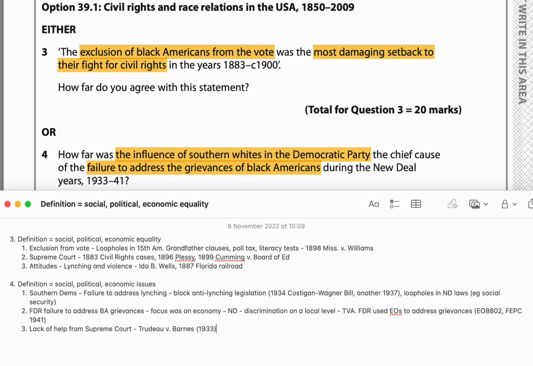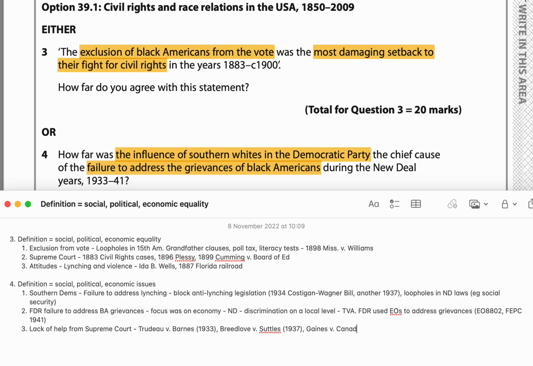So the first one is Trudeau versus Barnes. The second one is Breedlove versus Suttles, which is 1937. And the final one is Gaines v. Canada, which is 1938. Okay, so I'm not going to write all the details here. I'm just going to talk through these.